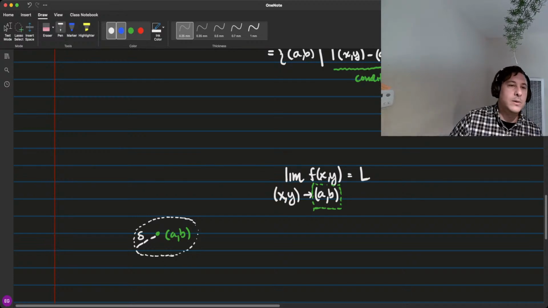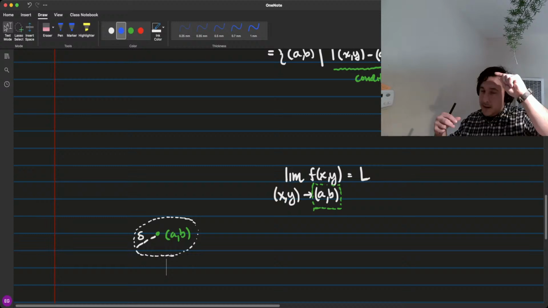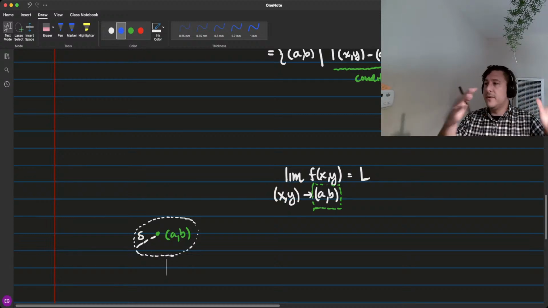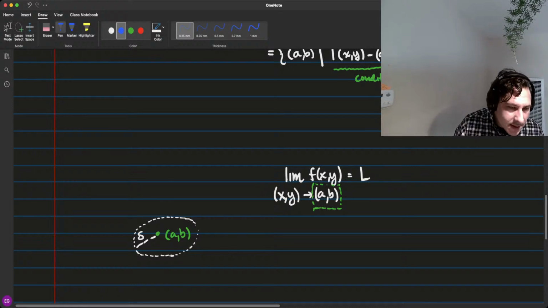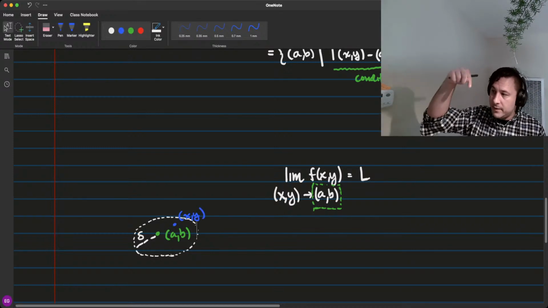Okay, so the delta disk is all the points that are no further away than delta away from a comma b. So let's imagine a point right here, x comma y. So this x comma y is no more than delta away from a comma b.